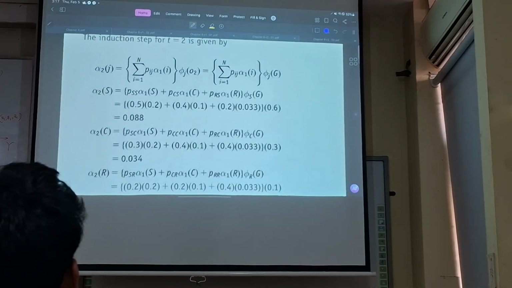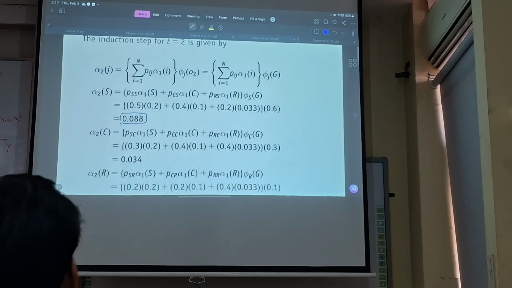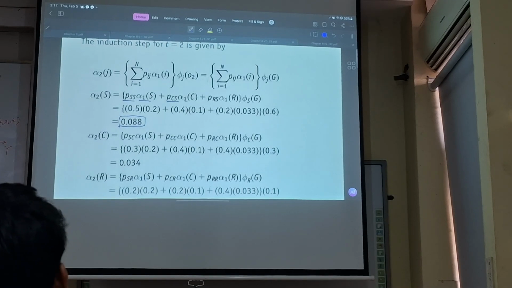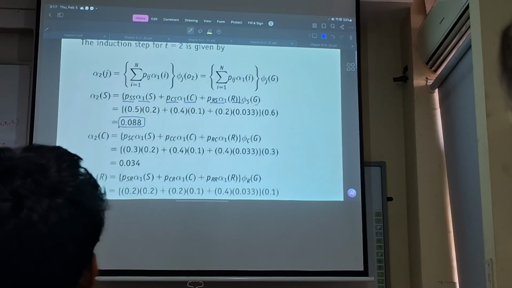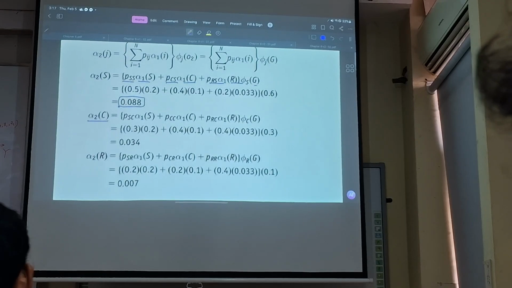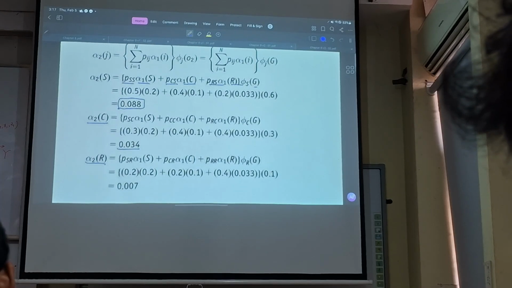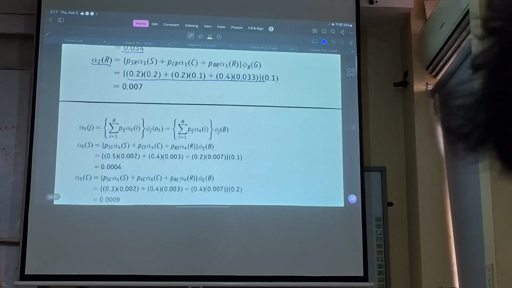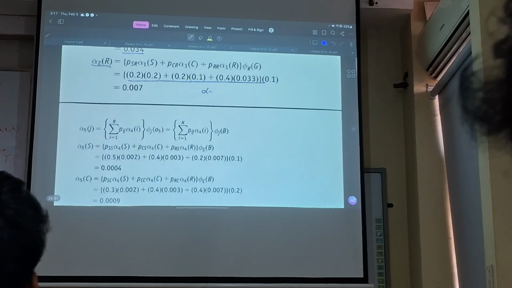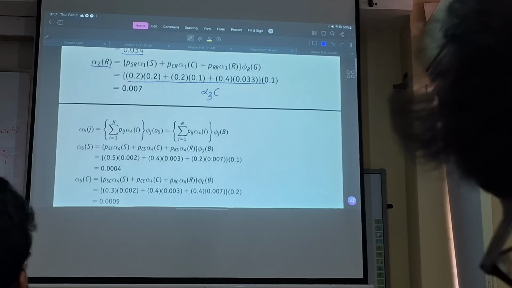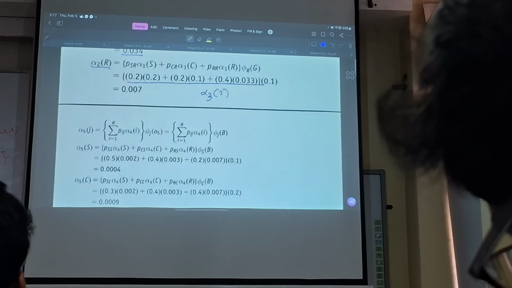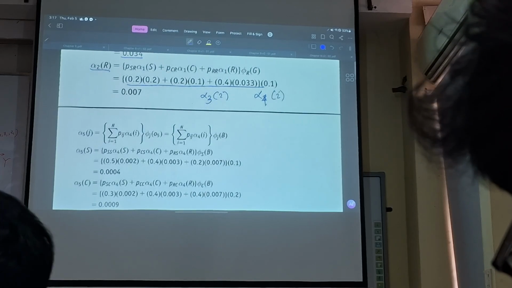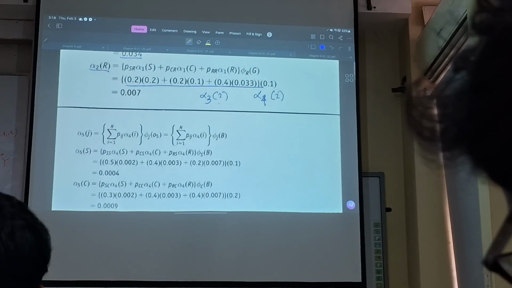So you have these alpha 2s, they have a different order, doesn't matter. Right? Then alpha 2c, you can do it here, alpha 2r, you can do a similar thing, right? And then you can calculate alpha 3, alpha 4. This I actually is sunny, cloudy, rainy.